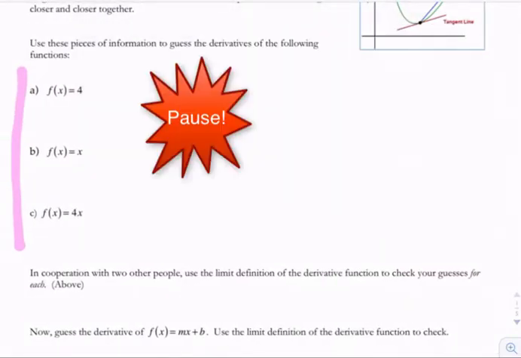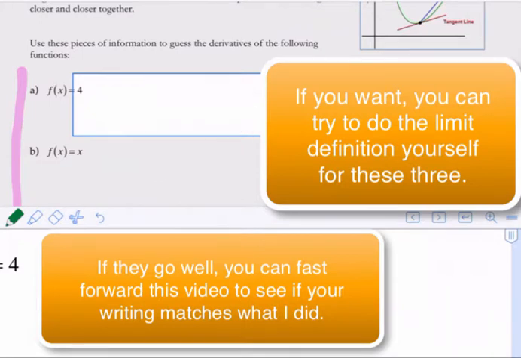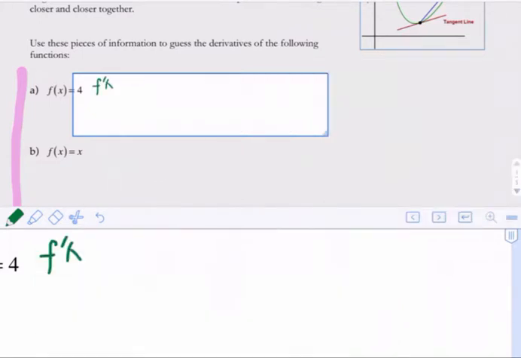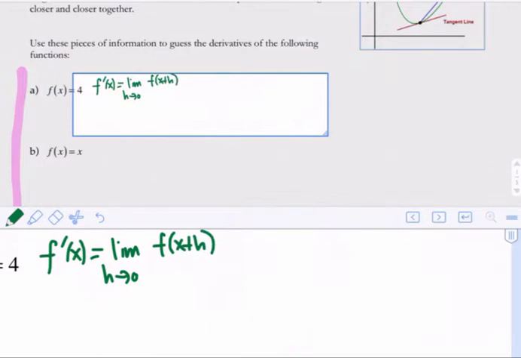All right, so let's go back and do the first one. Our limit definition says that f prime of x is the limit as h approaches 0 of f of x plus h minus f of x over h. In this case, f of x is equal to 4.